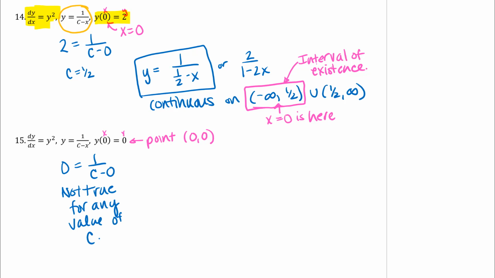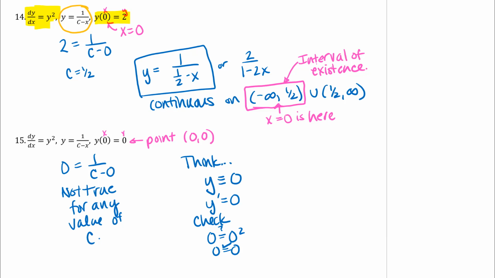We will talk about how to find these out if you can't do it just by looking at it. But just by thinking about it, you might figure out that the constant function y is always 0. The constant function y equals 0 satisfies this differential equation, right? The constant function y equals 0, its derivative is 0, and then when you put that into the differential equation, you get 0 equals 0 squared, 0 equals 0. That checks. So it does check in the differential equation.